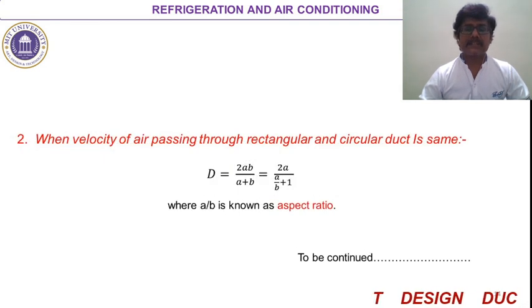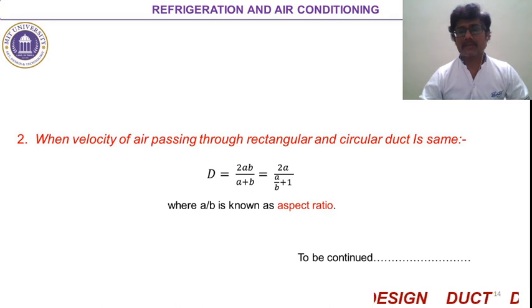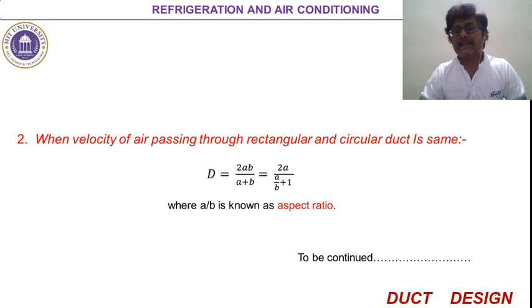The first condition was that the discharge is the same for the rectangular and circular ducts, as we have just seen. The second condition is when the velocity of the air passing through the rectangular and circular ducts is the same.